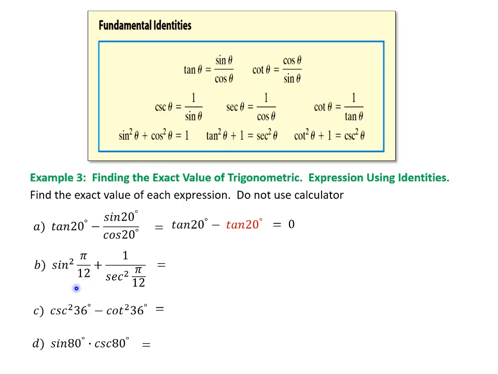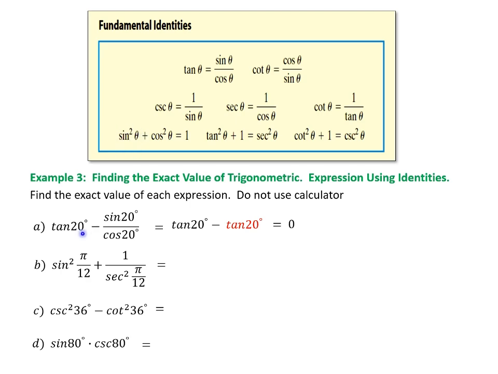And then for the second one, sine squared plus 1 over secant squared pi over 12. Take note, they should have the same angle to apply the identity. Here this is sine squared and this one is secant squared. If you can see here, the squared is in the Pythagorean identity. It looks like this letter B is similar to the first Pythagorean identity.